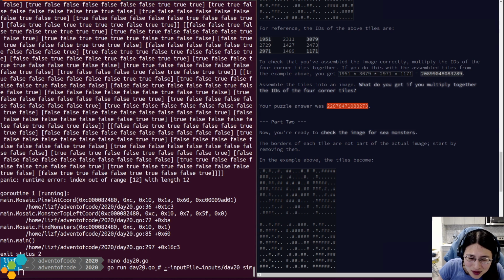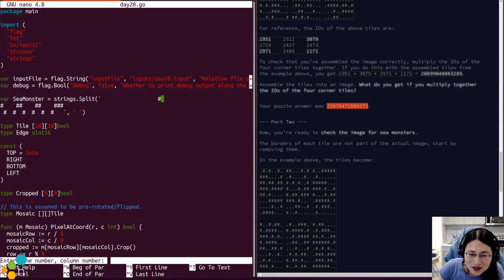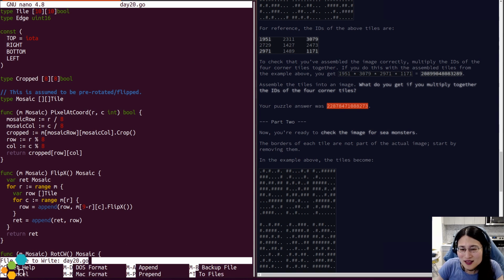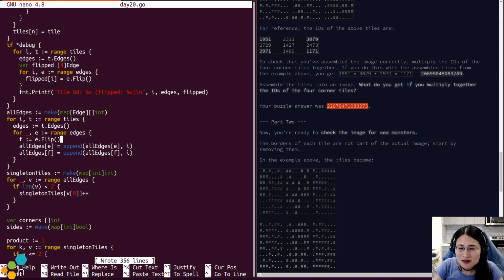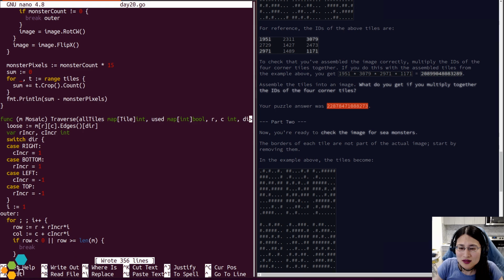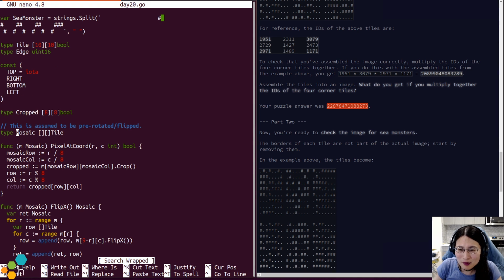Okay, well, let's look at where this error is happening. This error is happening at line 36. Oh, that means it's getting that far already. Excellent, excellent, excellent. Oh, I see my problem.